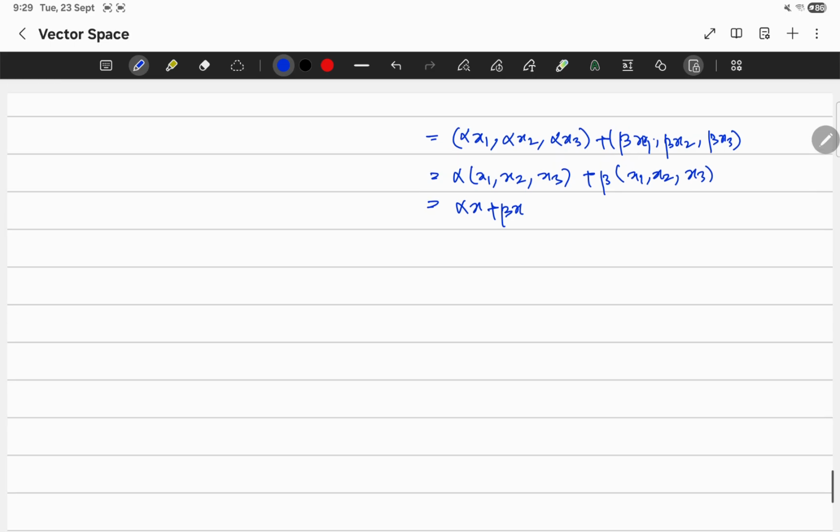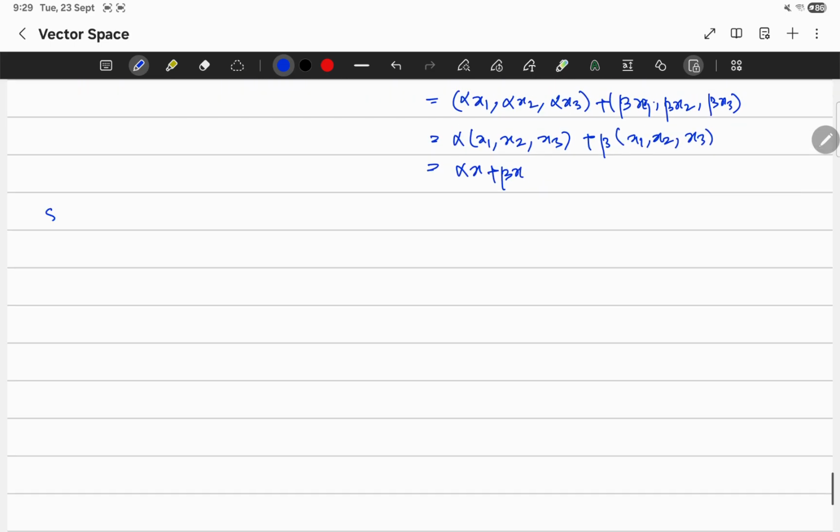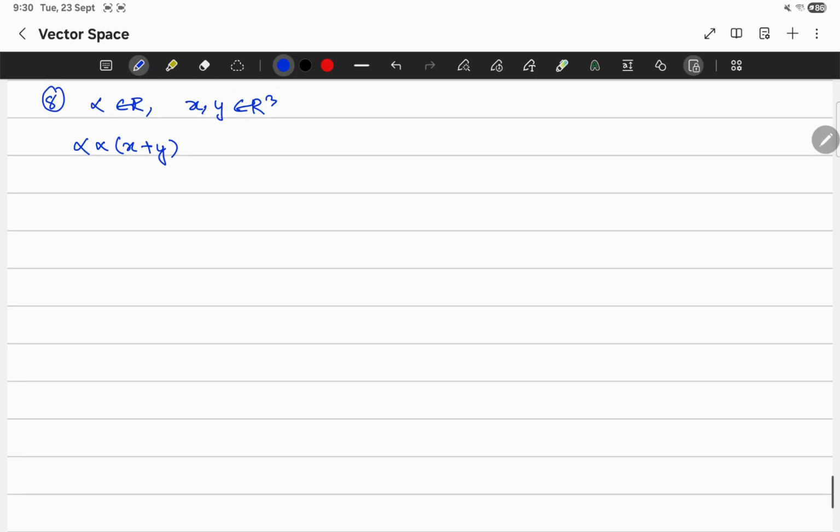Okay, now our eighth property. Take one scalar from R and two vectors from your R3. You have to prove alpha times (x plus y) is alpha x plus alpha y. So what's that? x plus y will be (x1 plus y1, x2 plus y2, x3 plus y3).